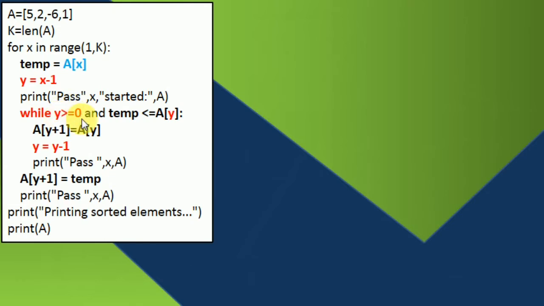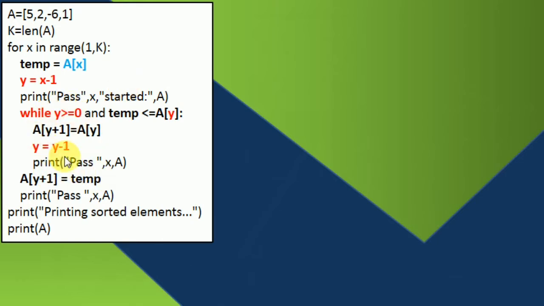Means y is greater than or equal to 0, and at the same time the value inside temp should be less than or equal to a of y. Then only a of y plus 1 is going to store the a of y value. Then y equals y minus 1. Moving toward the left side, so in decreasing order. So we have to move towards 0. If the value is 3, then 2, then 1, then 0.